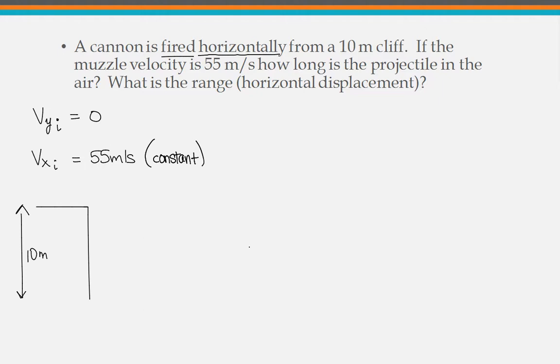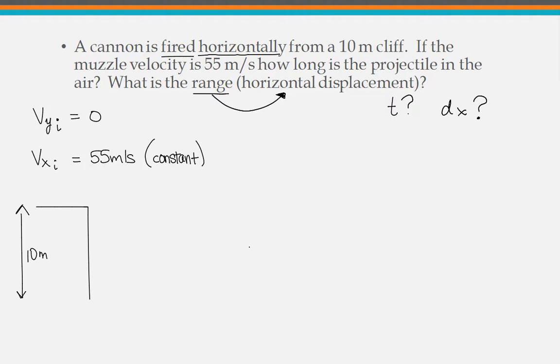So then it says, how long is the projectile in the air for? And then it says, what is the range horizontally? So we're looking for two things, time and dx. This is the two things we're looking for. Range is another word for horizontal displacement.